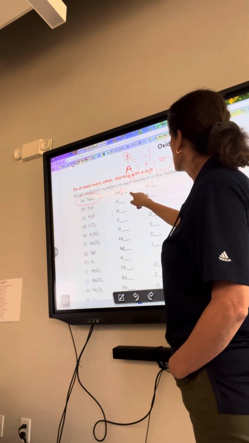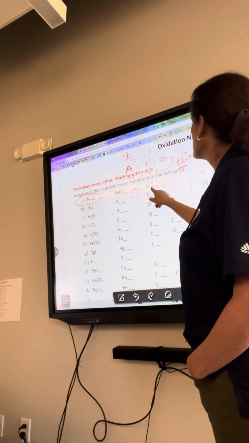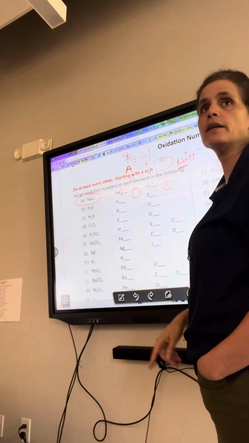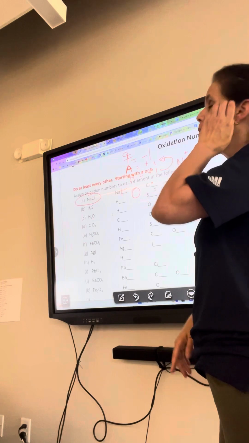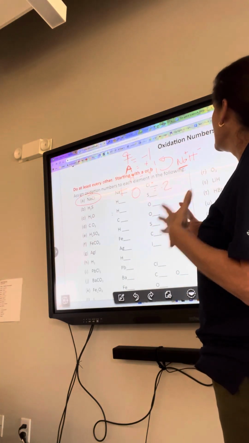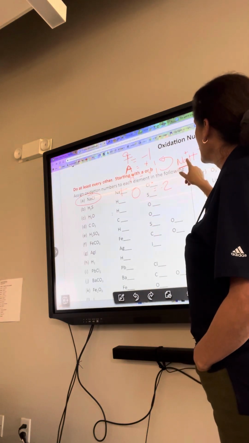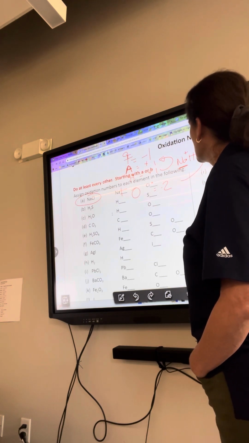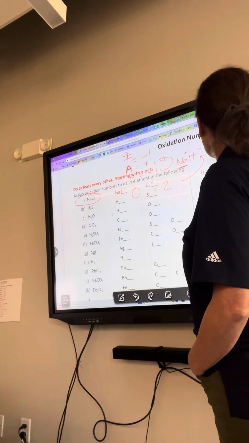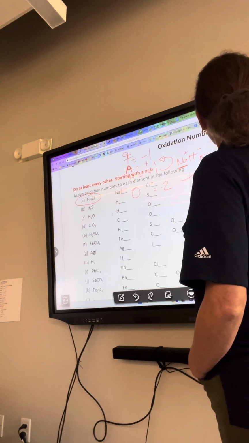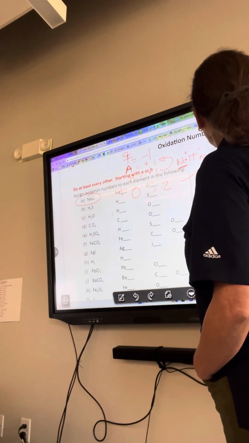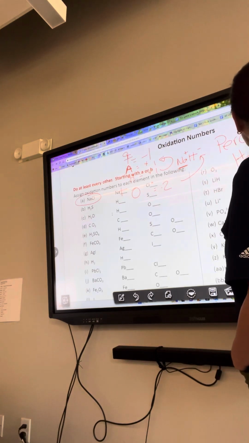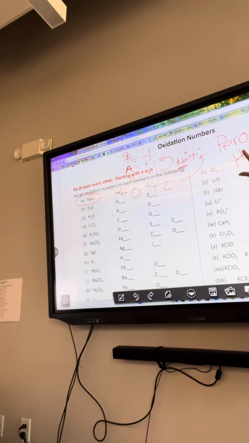Oxygen is always -2, right? Unless it is with an alkali metal or a hydrogen in a 1-to-1 ratio. So if it's in a peroxide, and the one that we will talk about is H2O2, that is hydrogen peroxide.